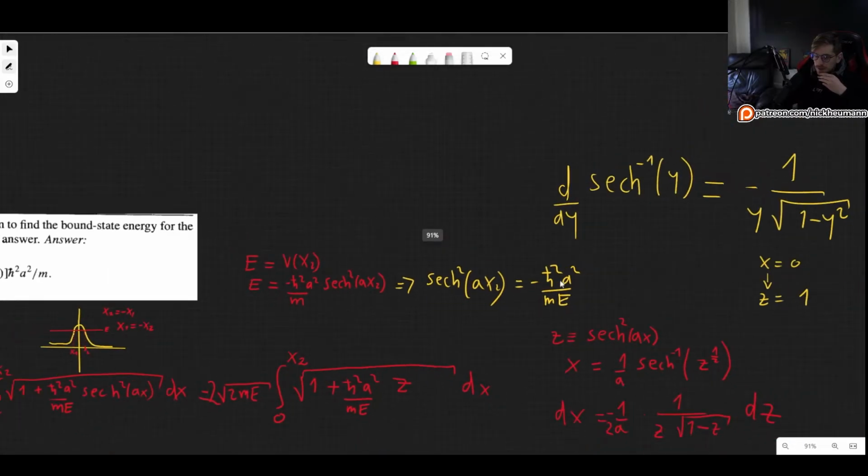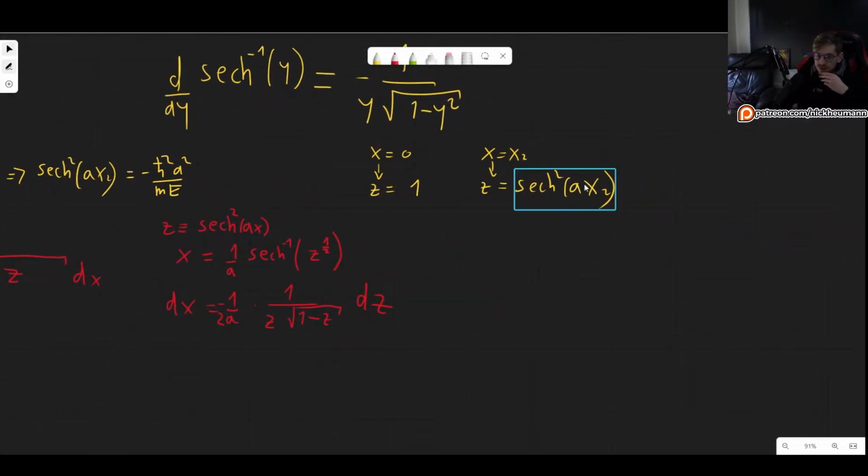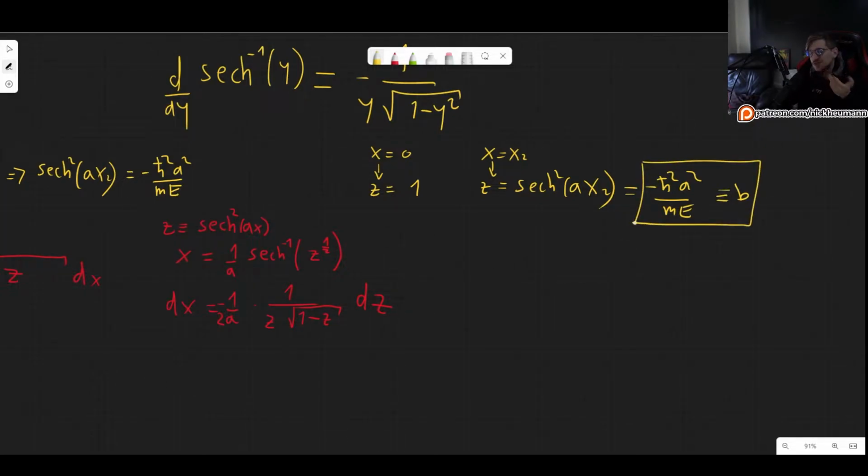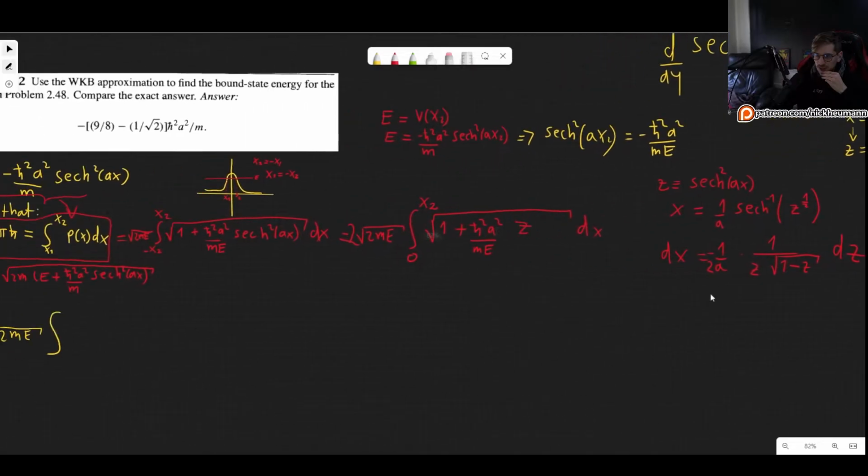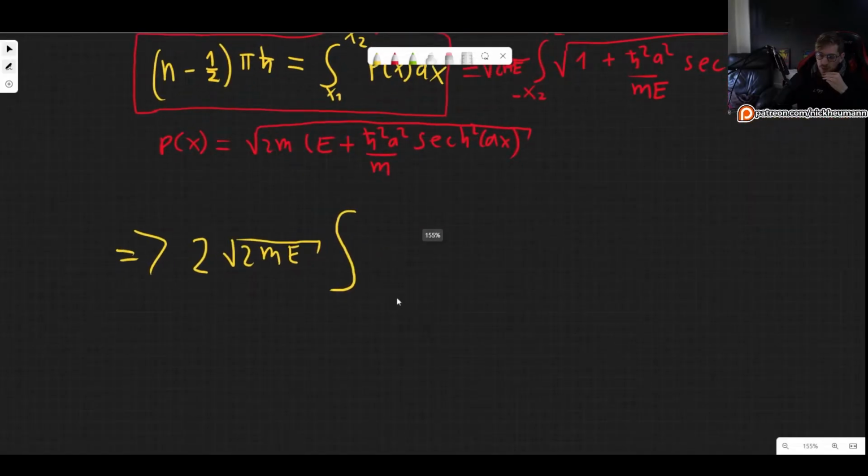And as you can see, this is precisely what we have here. So this upper limit of the integral is going to be minus h bar squared over a squared me. And this we will simply define as some constant b, so that we don't have to be writing it all the time, but of course in the end we will plug it back in. Okay, so we are now integrating from 1 to b.